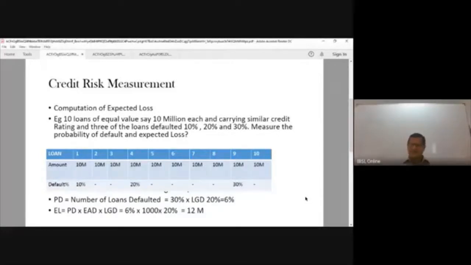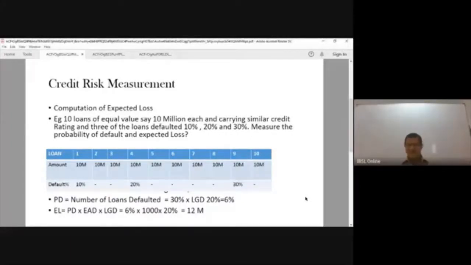So we looked at overall, we have 100, and if you take these percentages, 6. So LGD stands for 6%, and PD now.